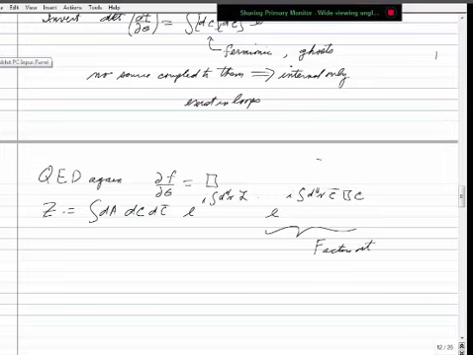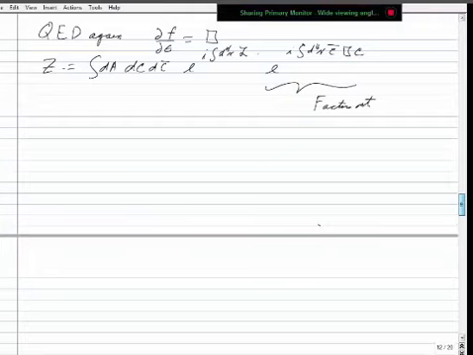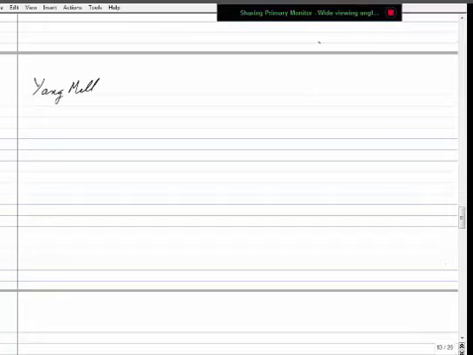So if we do QED again, we had dF d theta, and so Z then would have been integral dA dc dc bar, where dF d theta was box, e to the i integral d4x, Lagrangian, whatever pieces you want.